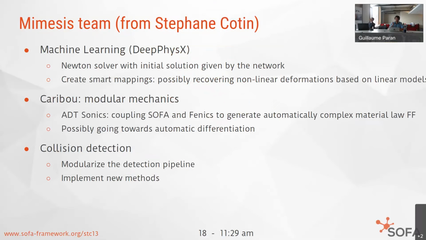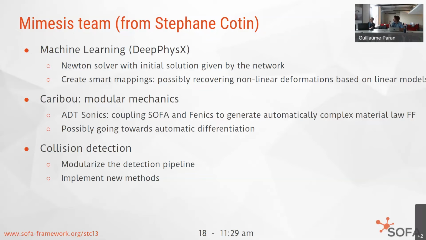Updates from both Mimesis and Rainbow, which are two research teams at INRIA. Obviously machine learning, but we're going to talk about deep physics. I had two bullet points on what they are interested in scientifically. Making Newton-Raphson solvers for nonlinear problems, providing an initial solution from a neural network.